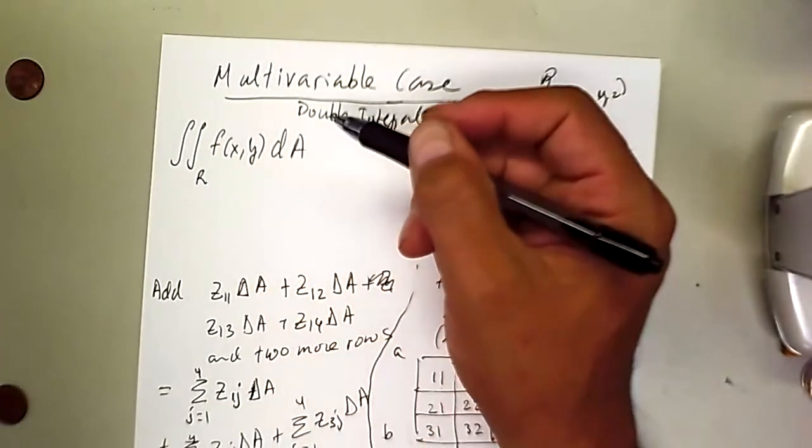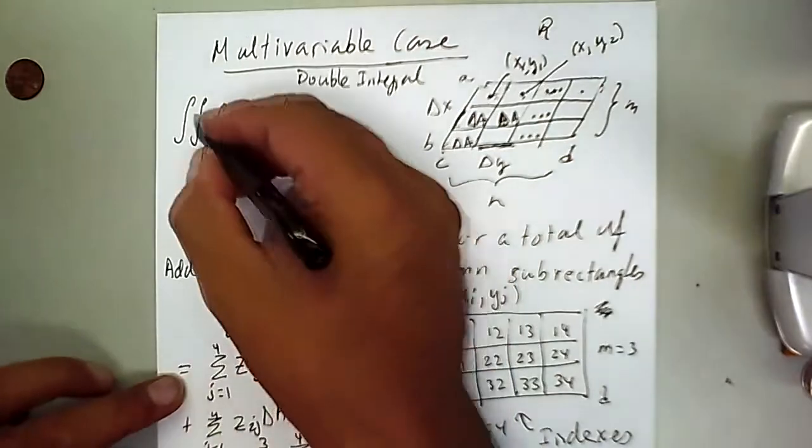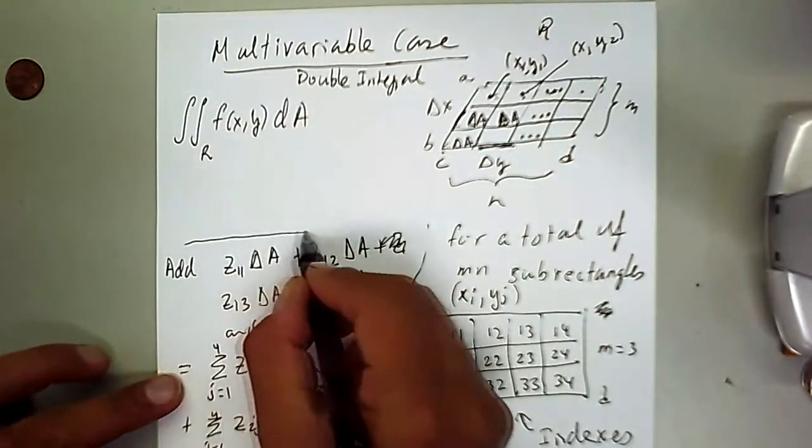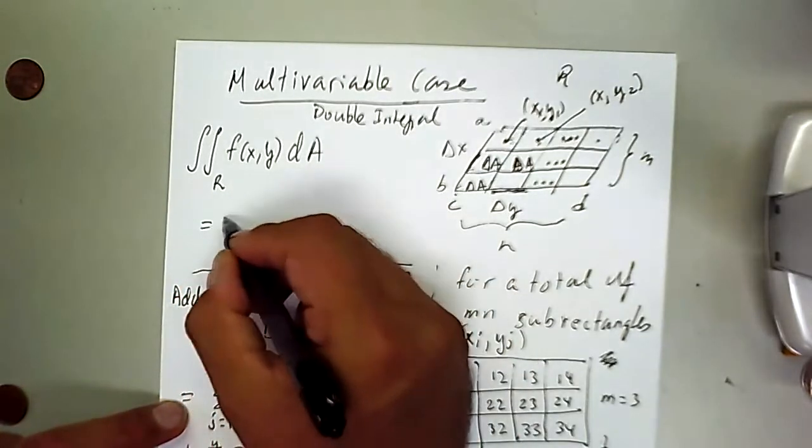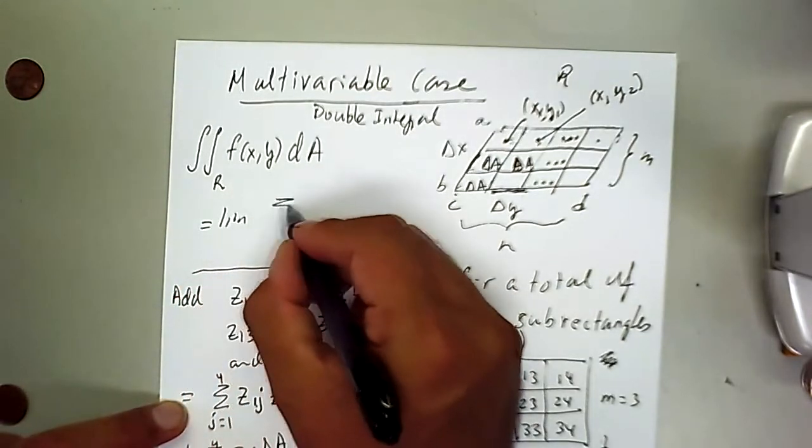Okay, so here's what I want to arrive to. The double integral with respect to the area will be the limit of the double sum.